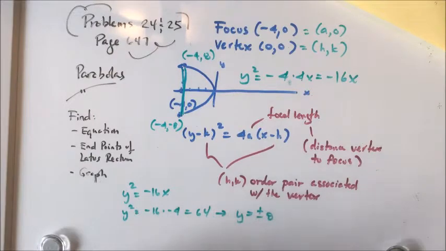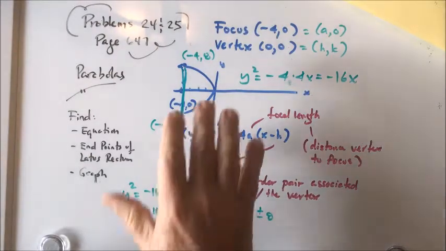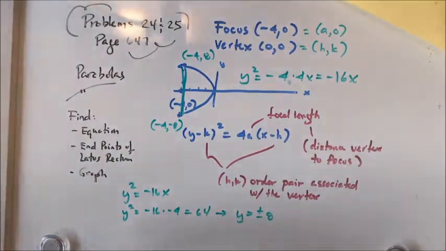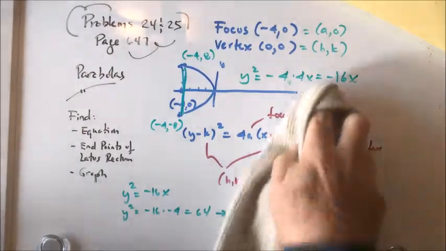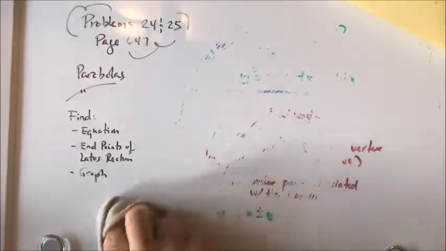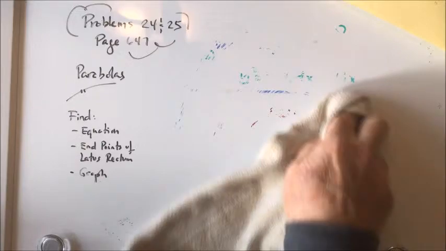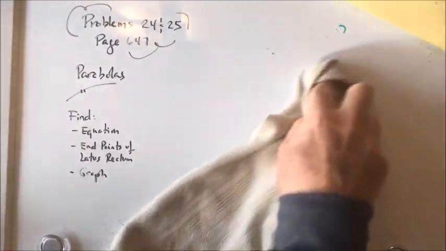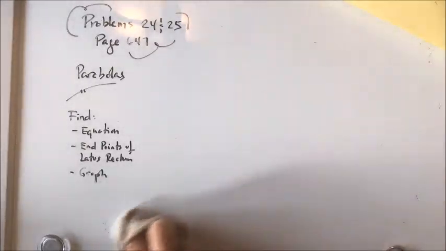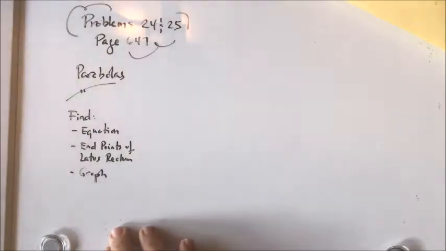All right, I'm ready to sign off, but I've got another problem to do, don't I? I've got number 25 to do, so let's see what 25 has to share. Again, we're going to find the equation, we're going to find the endpoints of the latus rectum, and we're going to graph it.